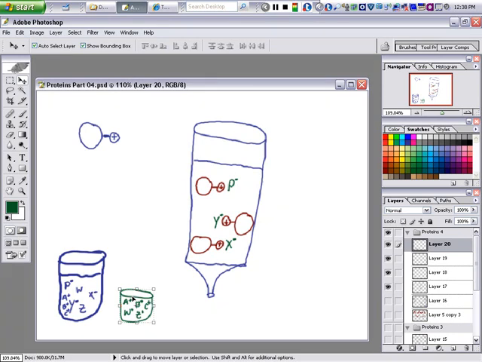Now if you add a base to something, will bases cause something to dissociate or associate? It will cause an acid to dissociate. And so if you have COOH and you add a high base, it's going to cause dissociation.